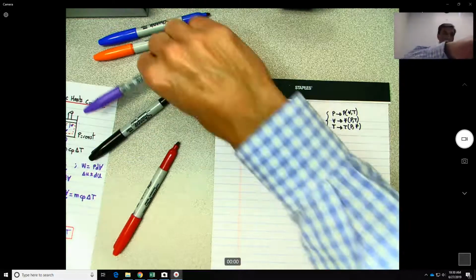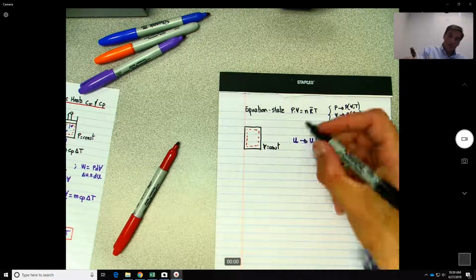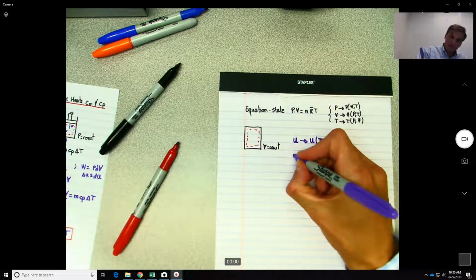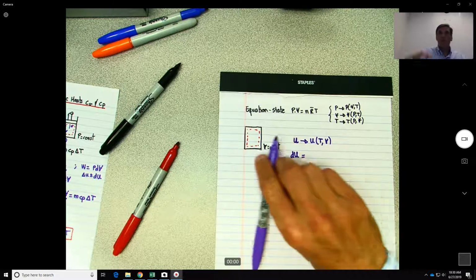So this will give us what? Now we have the function, then the total derivative du will be equal to what?